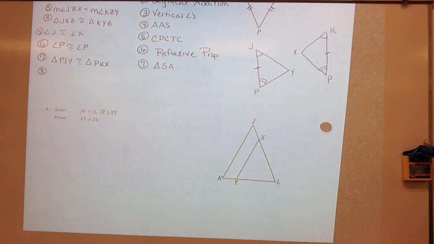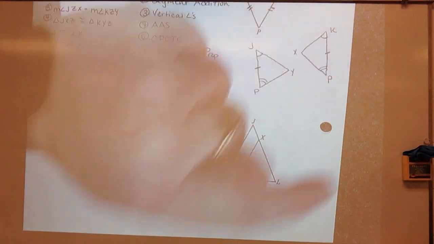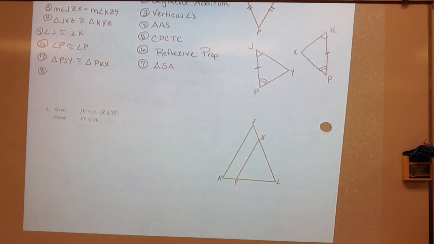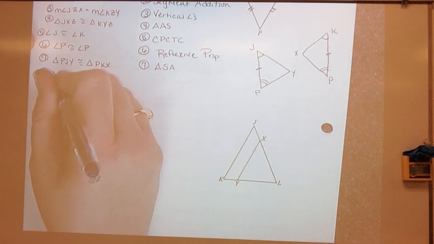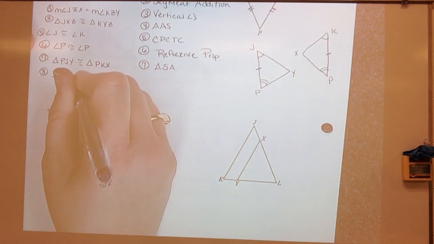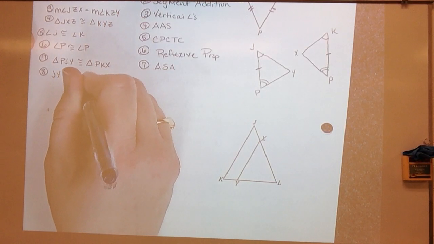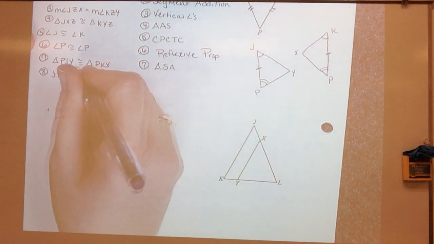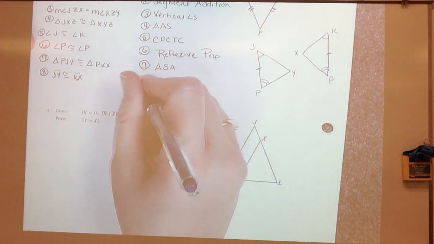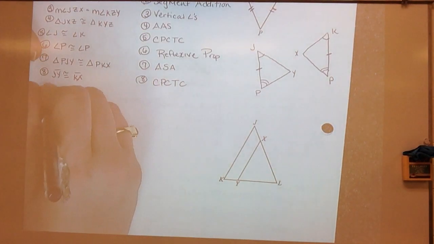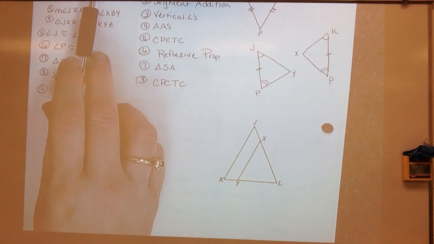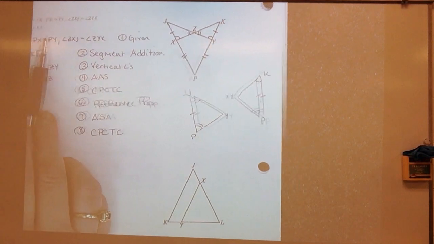So now, since I have proven these two triangles congruent, I know that every part of those triangles are congruent. So I can prove that JY is congruent to KX, because of CPCTC, congruent parts of congruent triangles are congruent, but it is still not exactly like what I have here in my prove.